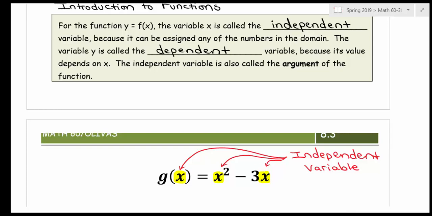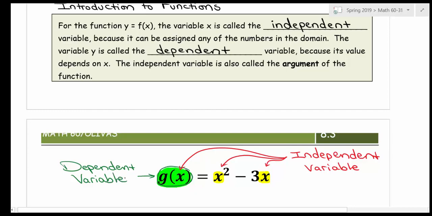Our dependent variable is going to be represented by the g of x. This entire thing right here represents our y. So this whole thing represents our dependent variable because its value depends on x. Depending on what you choose for x, that's going to determine the value of our g of x, or our y value.